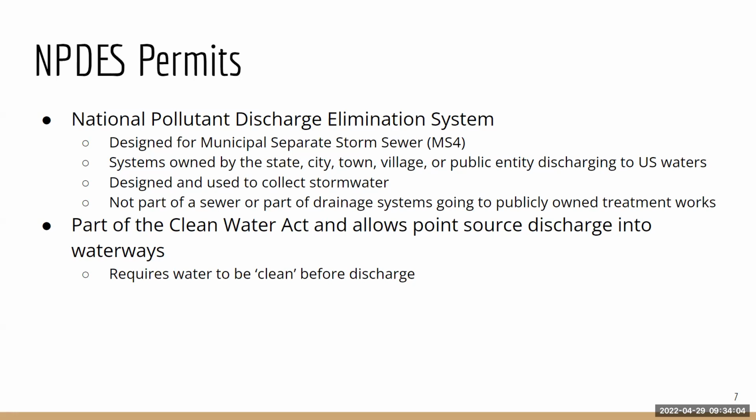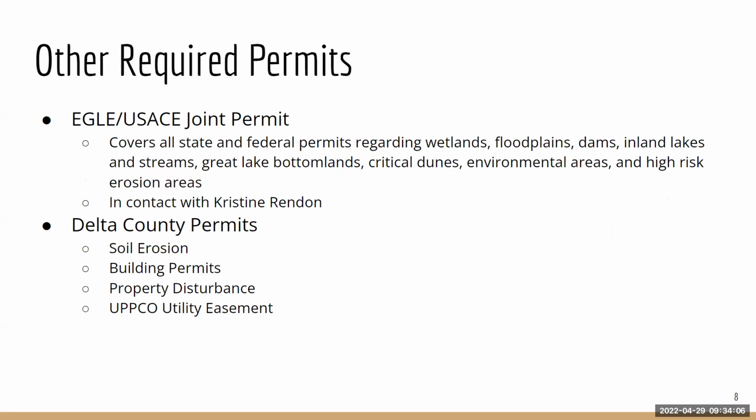ecosystem upon discharge. Other permits that will be needed to complete this project are the EGLE and Army Corps joint permit. This permit is kind of a blanket permit that covers all state and federal permits regarding water. So wetlands, floodplains, dams, inland lakes, streams, Great Lake bottomlands, critical dunes, environmental areas, and high-risk erosion areas.